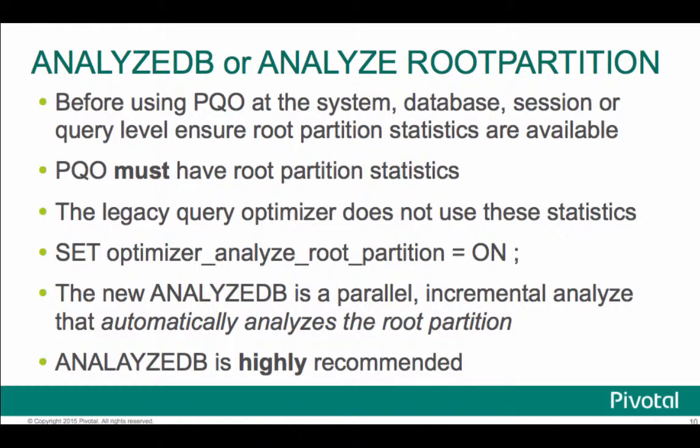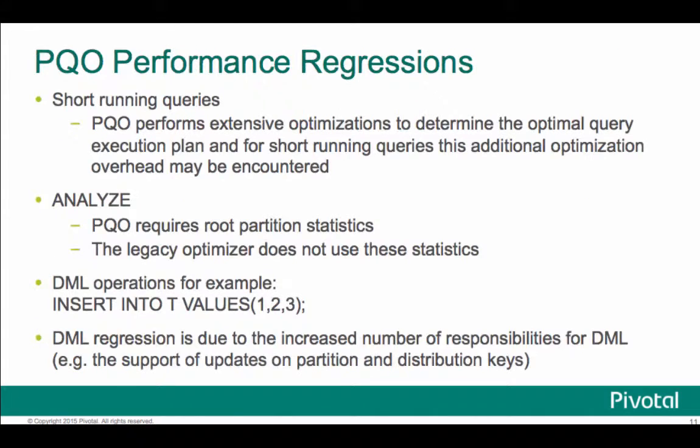The legacy query optimizer didn't use these, so that's a change with PQO. So there's a GUC, optimizer analyze root partition, you would set to on, and then analyzedb is highly recommended as a way to analyze the data and make sure that you have root partition statistics.